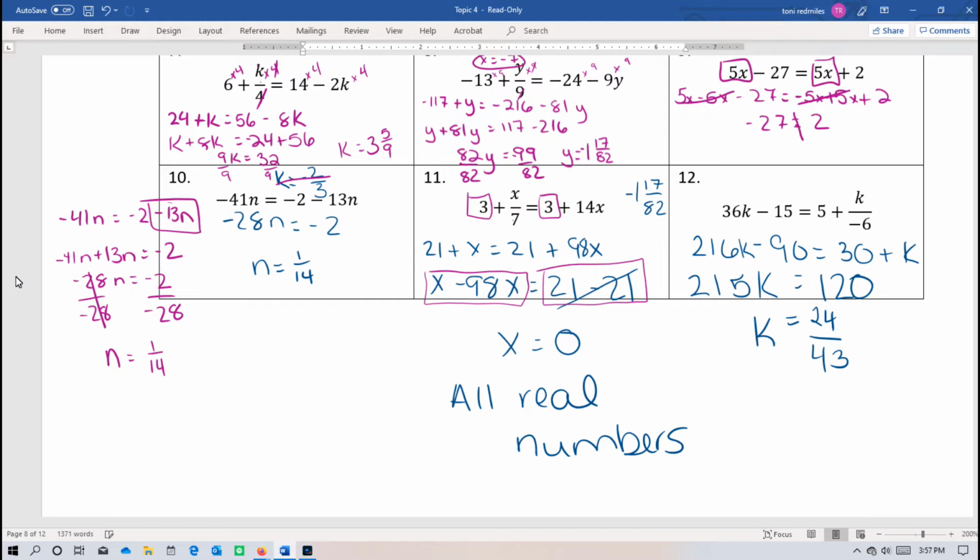If I combine these, I'm going to get, and I'm just going to add a little step in here that I didn't do, a negative 97x equals 0. Well, no matter what I divide by, the answer is always going to be what? It's going to be 0. All right, and I told you guys that that means the solution is all real numbers. Doesn't matter what x is, it's going to come out to 0.